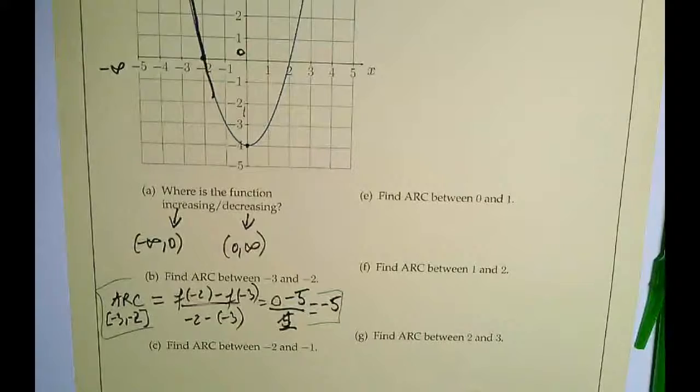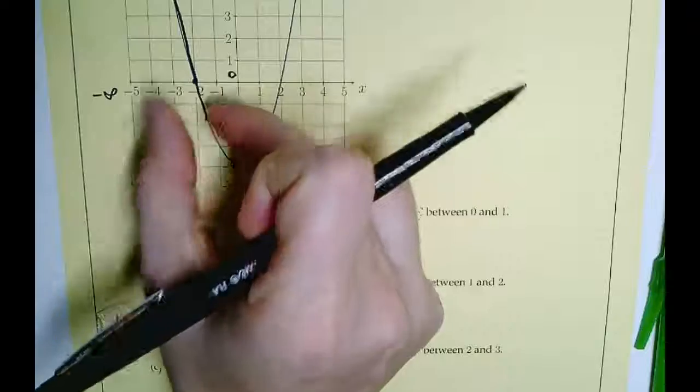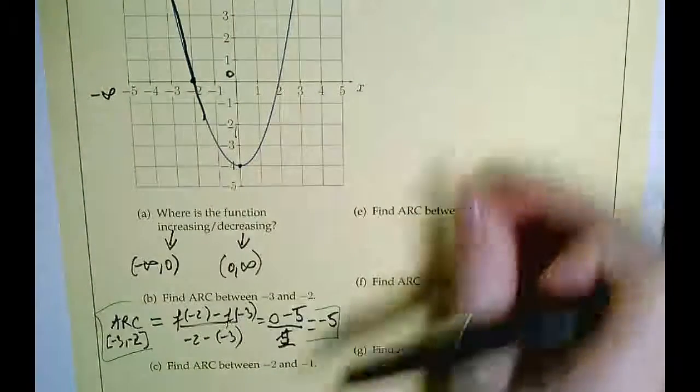Now let's see the average rate of change between negative 2 and negative 1. I'm looking at as x increases, right? From negative 3 to negative 2, if I get closer to 0, that means that x is increasing. If I move to the right, it means that x is increasing. So let's see what we are going to get.